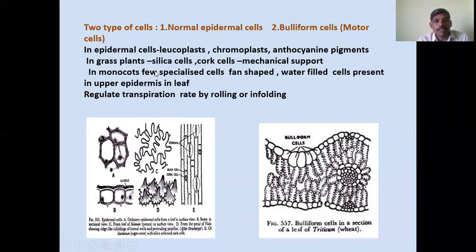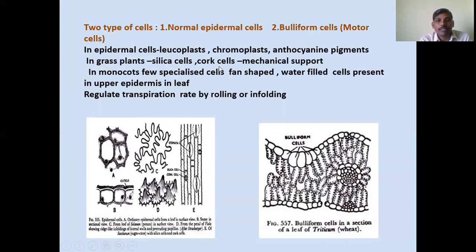In grass plants, the epidermal cells are composed with two types of dwarf cells, which give mechanical support. The two types of dwarf cells are silica cells and cork cells. Silica cells are made up of silica granules, which give a rough texture to the leaf.